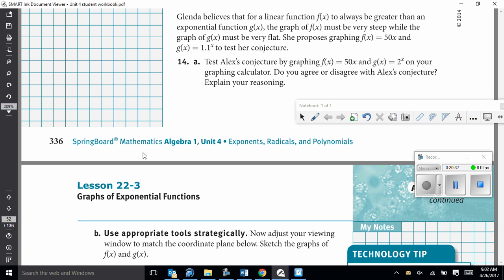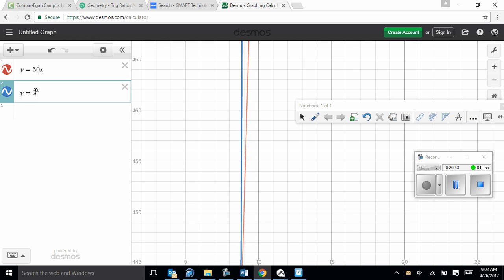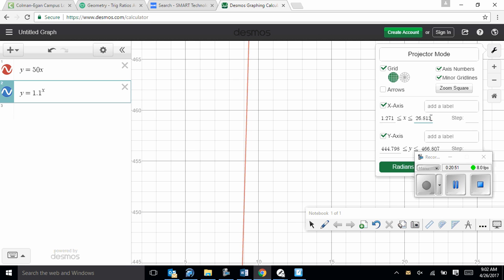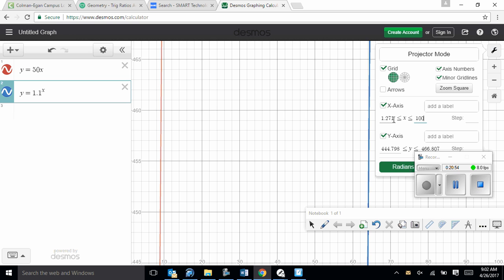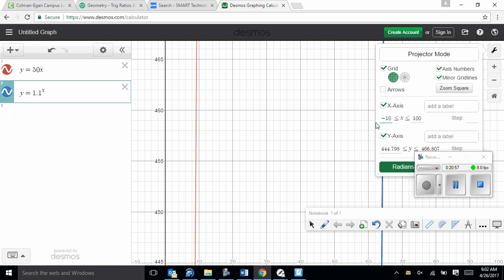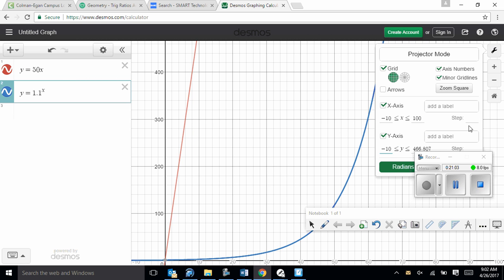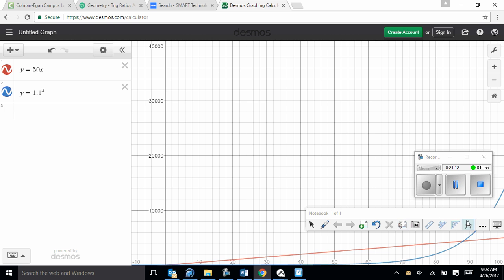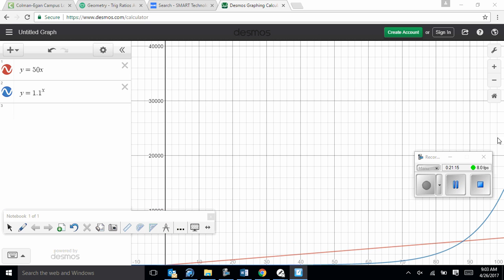So she wants to test f of x and then 1.1 to the x. All right, so here's Glenda's.